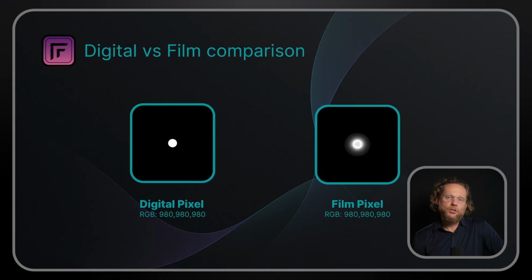But then we would also notice that there is a lot happening with that pixel that RGB doesn't necessarily measure, right? That pixel would look a little softer, would have a little halo around it. And we don't have right now any quantifiable method of measuring this, or we didn't until now.